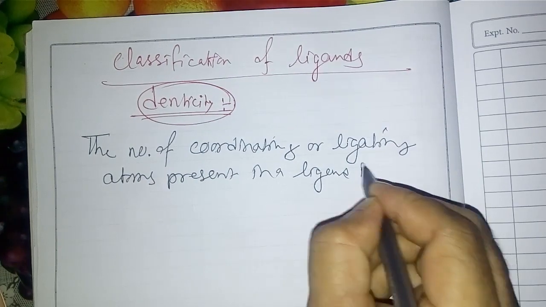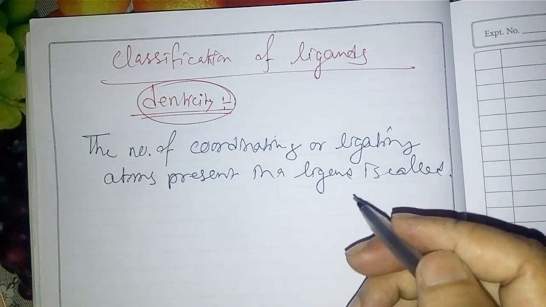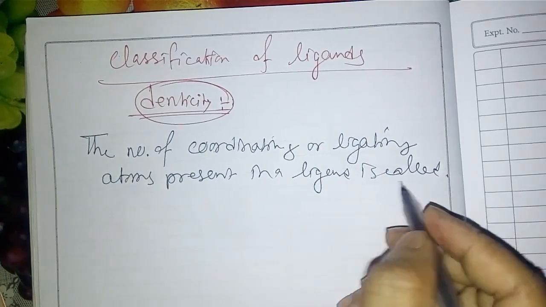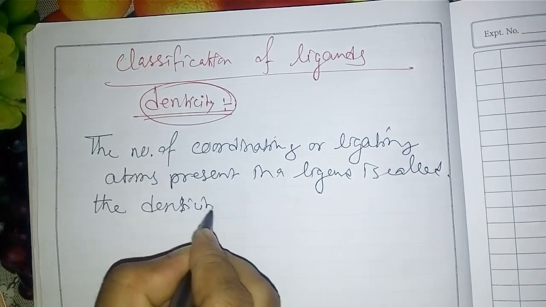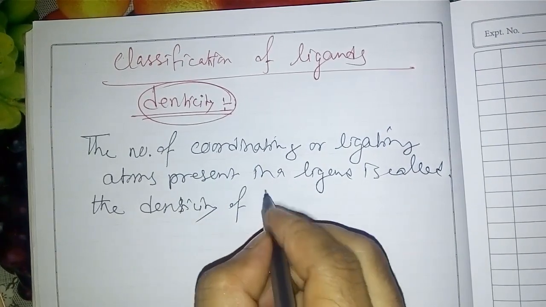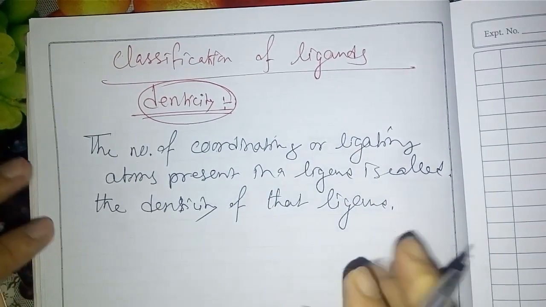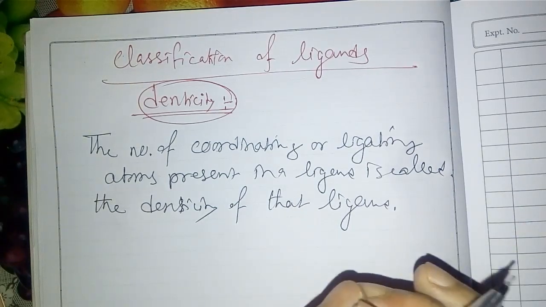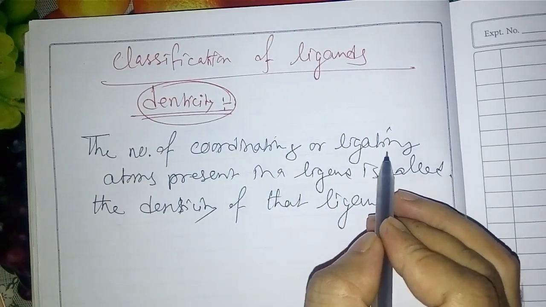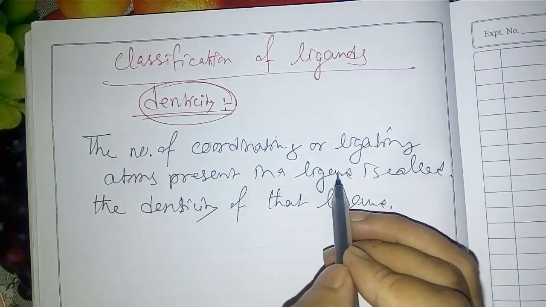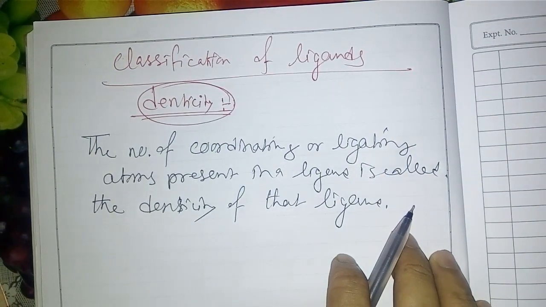It is called the denticity of that ligand. Denticity is very easy. The number of coordinating or ligating atoms present in a ligand is called the denticity of that ligand.